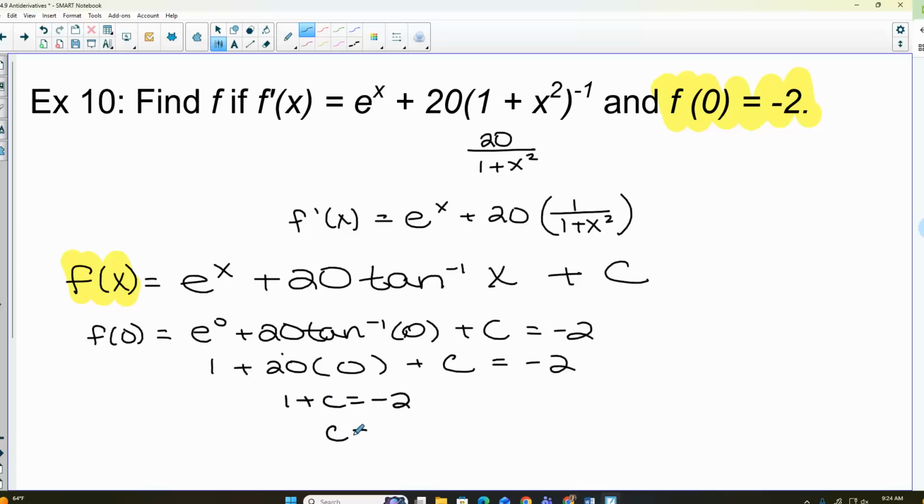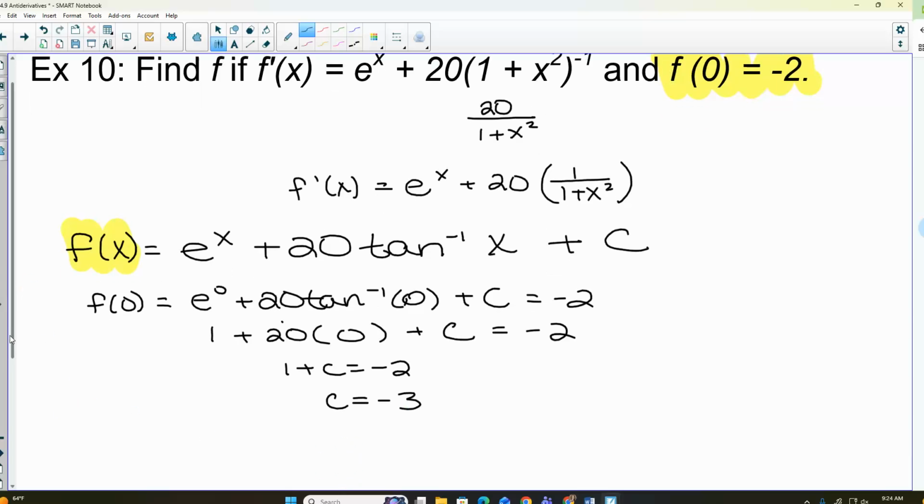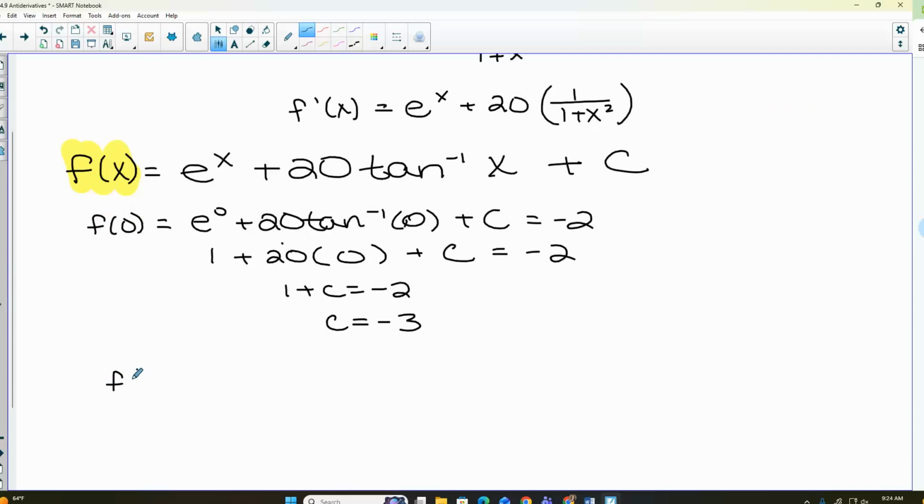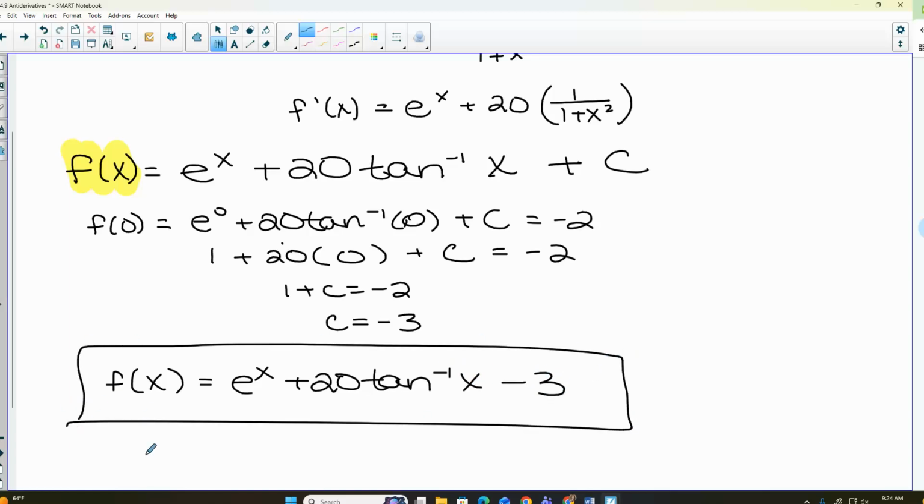So that means c is -3. So we found our constant. So our actual function is e to the x plus 20 tangent inverse of x minus 3. So if I give you a point on the original function, then you have the ability to find out what the constant is.